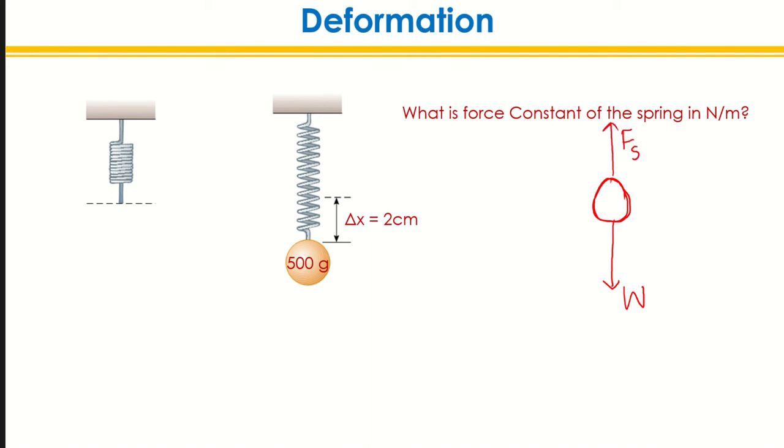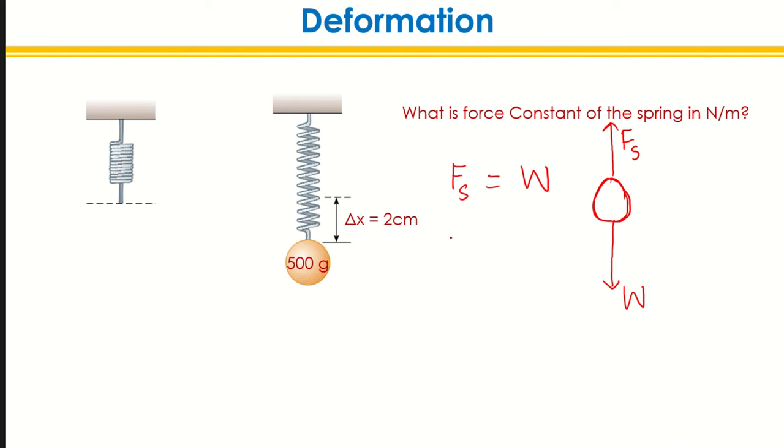Because this object is at rest at the moment, both the forces are equal in magnitude. So the load, which is weight, is able to extend the spring up to a certain value, and the spring force does not allow the spring to be extended more. So the spring allows that much extension only.